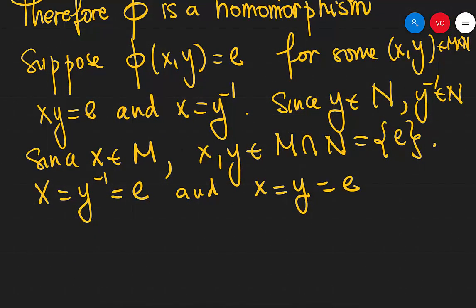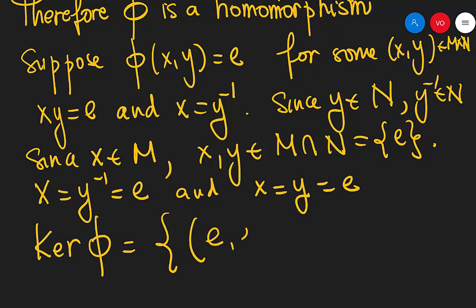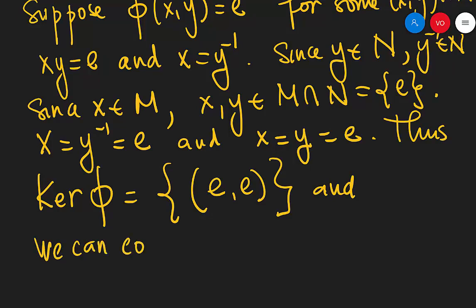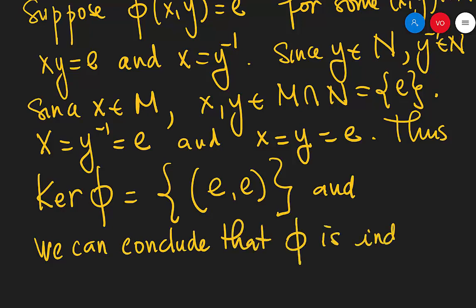So the kernel of our homomorphism only contains the identity, and we can conclude that phi is indeed injective.